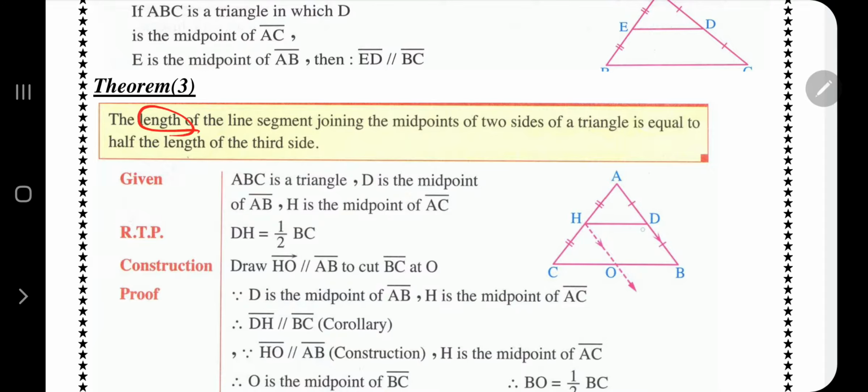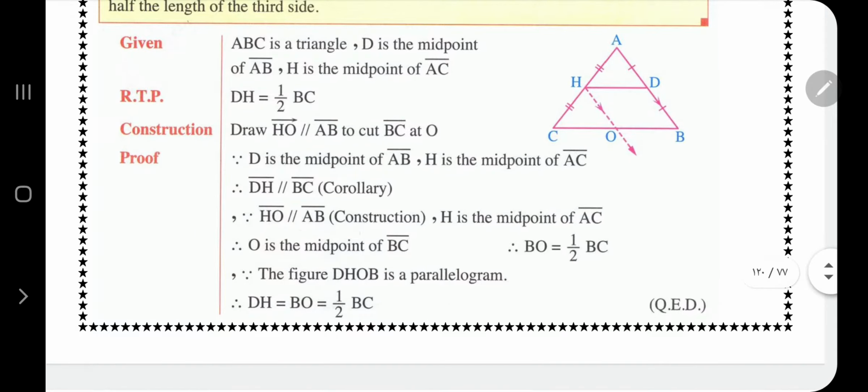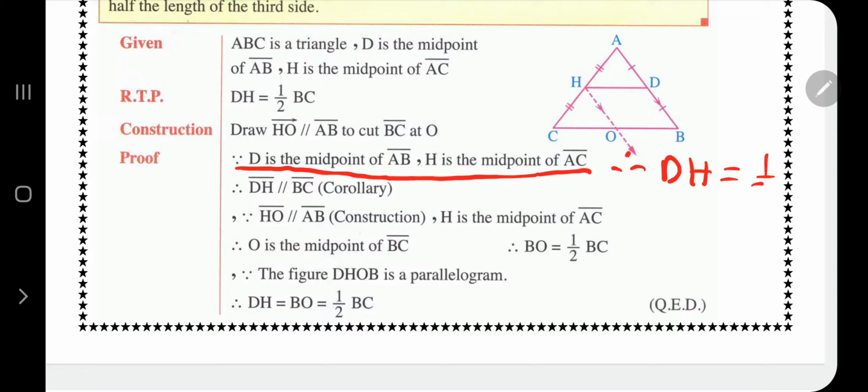The length of the line segment joining the midpoints equals half the length of the third side. Also, I will write: since D and E are midpoints, then DE equals half BC.